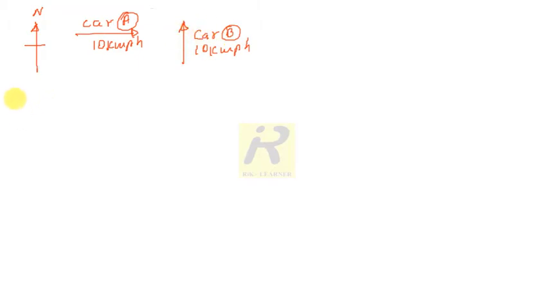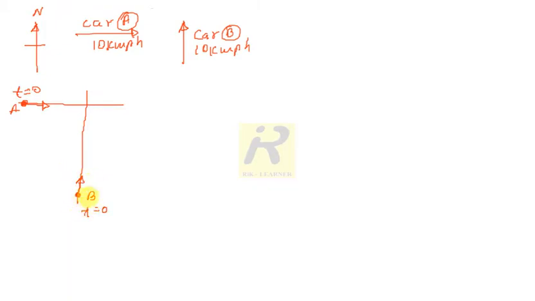We don't know the actual position coordinates of the cars. I simply assume at t equals 0, car A is here, which is moving in this direction, and car B is here, which is moving in this direction.